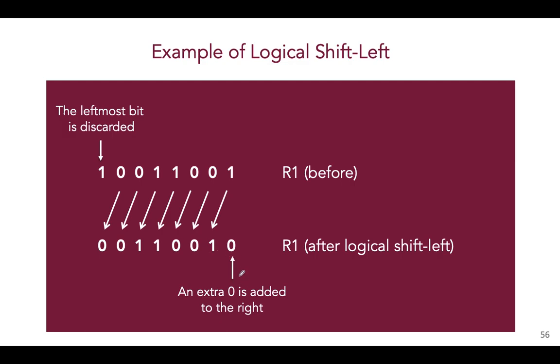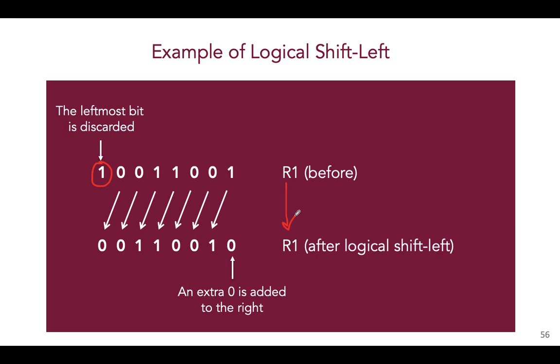So we add an extra 0 at the end. So we shifted the entire register 1 bit to the left. This leftmost bit had to be discarded, and in the end we are left with 1 less bit because we discarded 1 bit. So in place of that we just write a 0. So this is what R1 becomes after logical shift left by 1 bit.